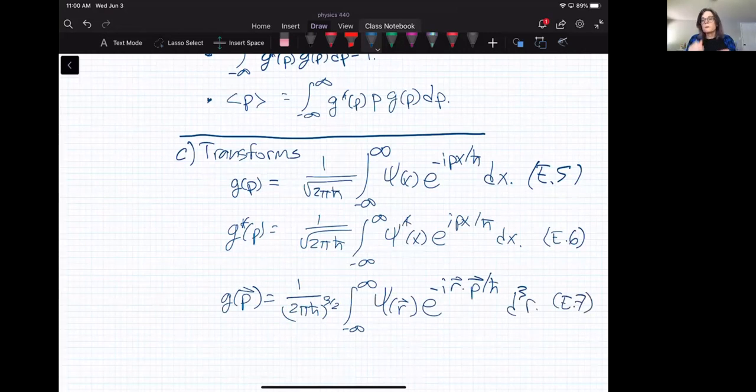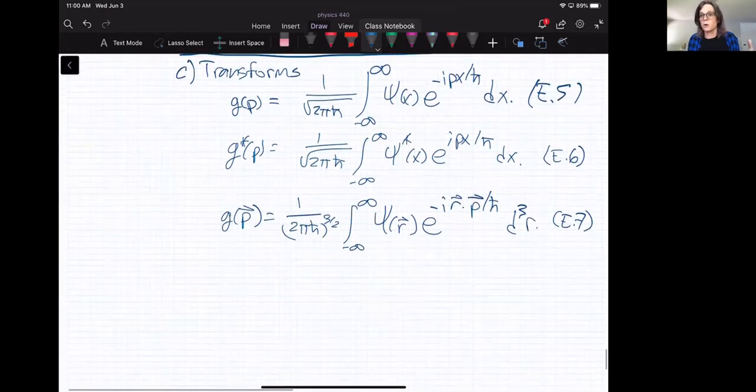What's really cool here is that we've now written a function of momentum in terms of the Fourier transform of something in space. So you've done this before. Even if you didn't call it a Fourier transform, you know that you've dealt with problems in one realm and then looked at them in the other.